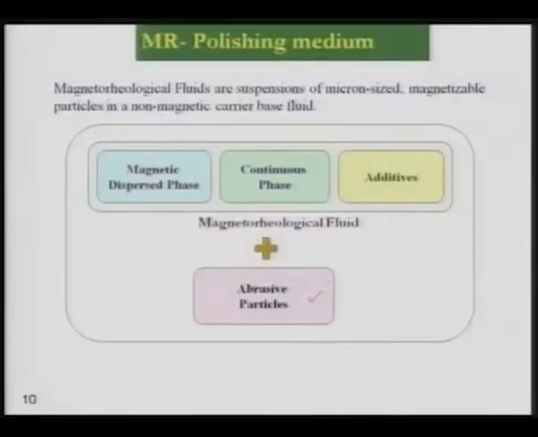Then the continuous phase, that normally consists of oil, and then additives like grease are added to increase the density of the whole base medium, and then abrasive particles are added to this particular medium so that the finishing can be done, because carbonyl iron particles are used for forming the chain like structure which holds the abrasive particles, and abrasive particles are harder than the workpiece material, hence they abrade or finish the workpiece surface.